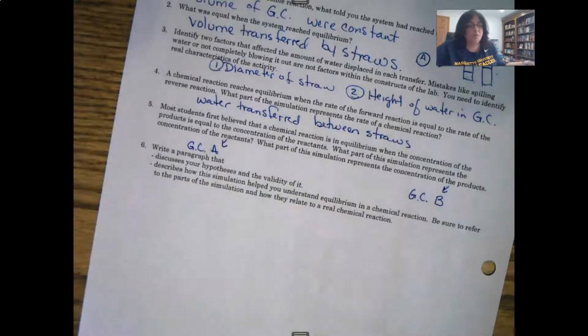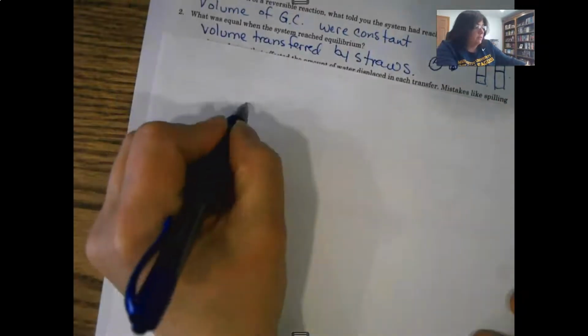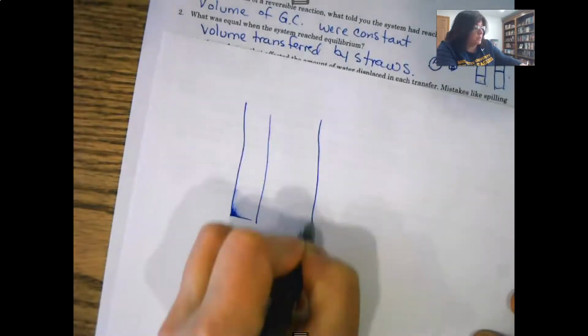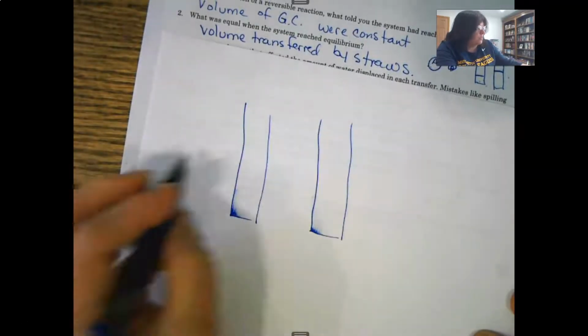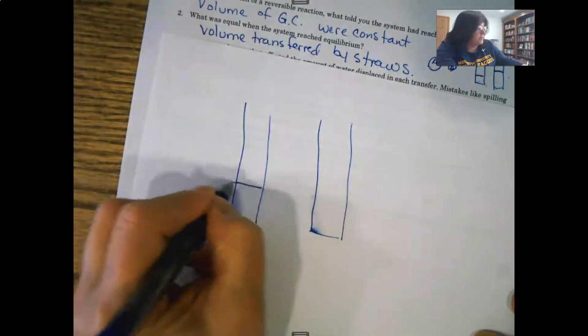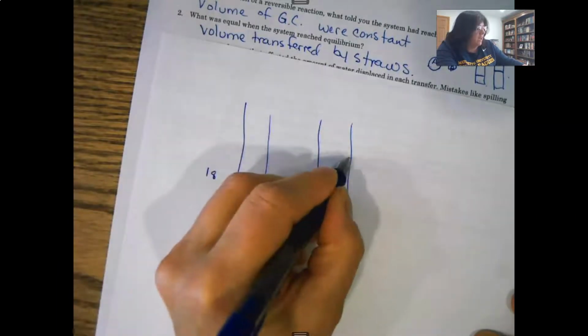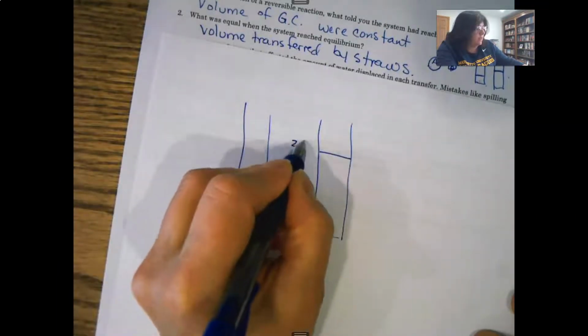But I want to do one more thing. I want to do a little preview about the next concept, which is Le Chatelier's principle. So let's take a look back at those two graduated cylinders. And I'm trying to remember the volumes. A was at something like 18, and B was at something like 29.